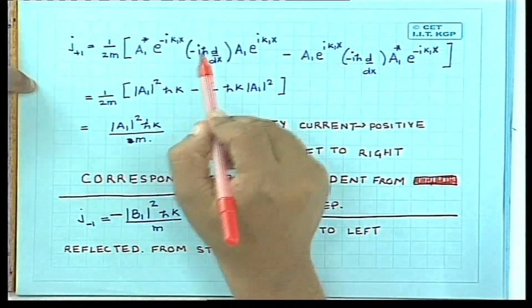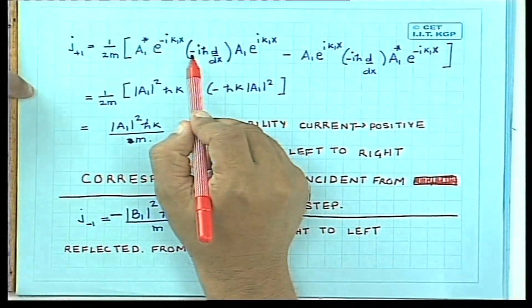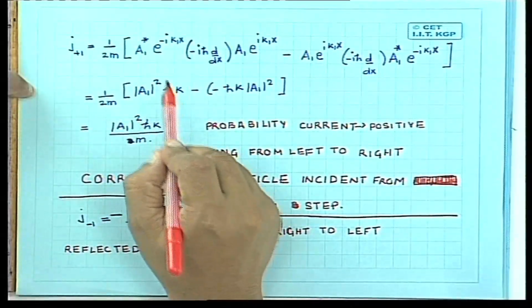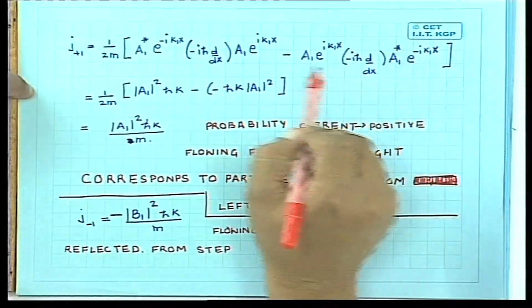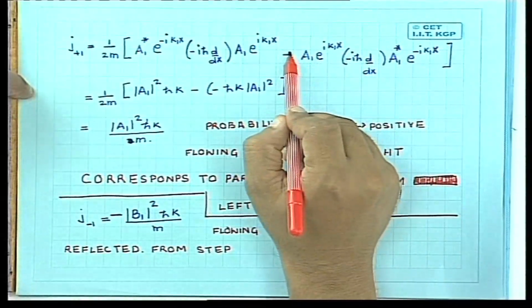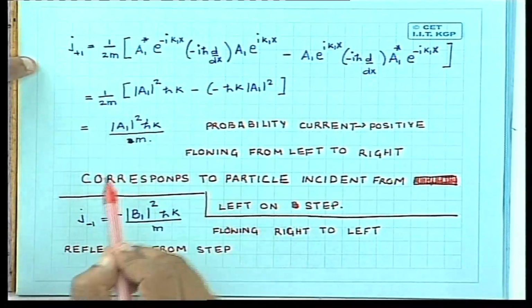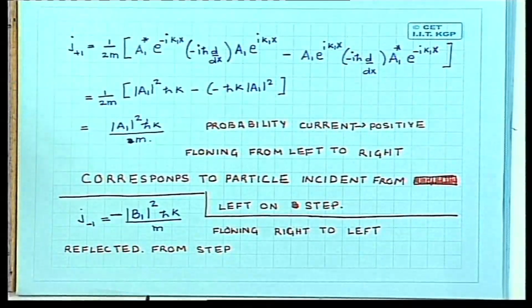This calculation is very simple. You just have to differentiate this function, which gives a factor of i k1, and the i and the minus i over here give you 1. So what we have is h cross k into the mod of a1 squared, and the other term gives the same thing. You get an extra minus sign here which compensates for this minus sign. So these two terms add up, and finally what we have is mod a1 squared h cross k1 by m. So this is the probability current due to psi plus 1, which is this part of the wave function.